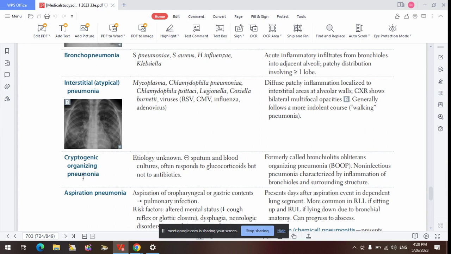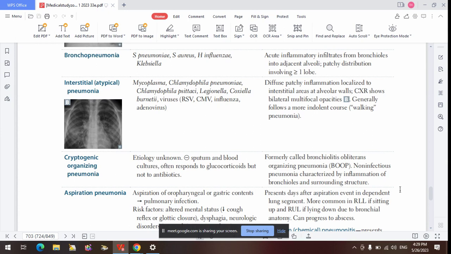If you do a washout of the alveoli, a bronchoalveolar lavage, to culture whatever is there, you won't get any result. If you give them antibiotics, they don't respond. The only thing you can use to slow down that inflammatory response is glucocorticoid, so they can still respond to glucocorticoid. So that's that about cryptogenic organizing pneumonia.